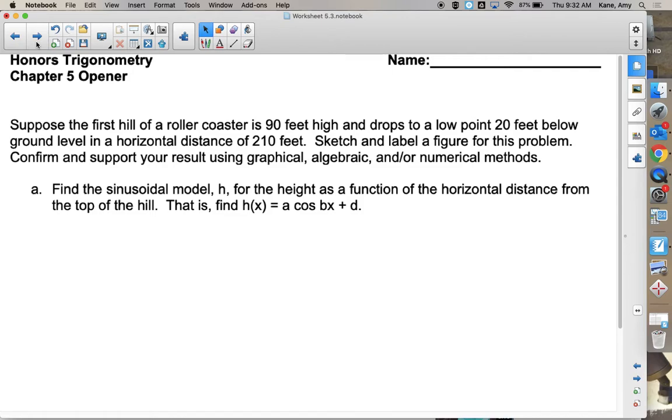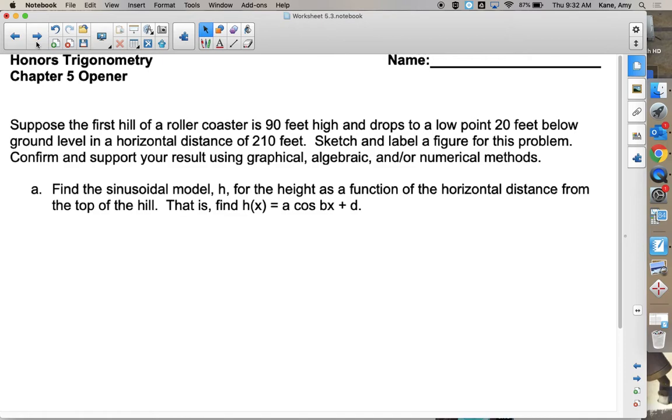I like that. All right, so if you look at our little word problem, now that you think about the ride at Kennywood, any of the rides really, we have the first hill of a roller coaster is 90 feet high and drops to a low point of 20 feet below zero. I think the second hill of Kennywood is 110 feet, and again it drops below ground level because it goes into that ravine and then through the little tunnel.